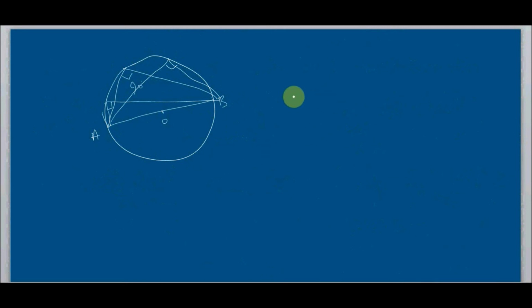Next, this circle is not a good circle, but assume it is a circle.